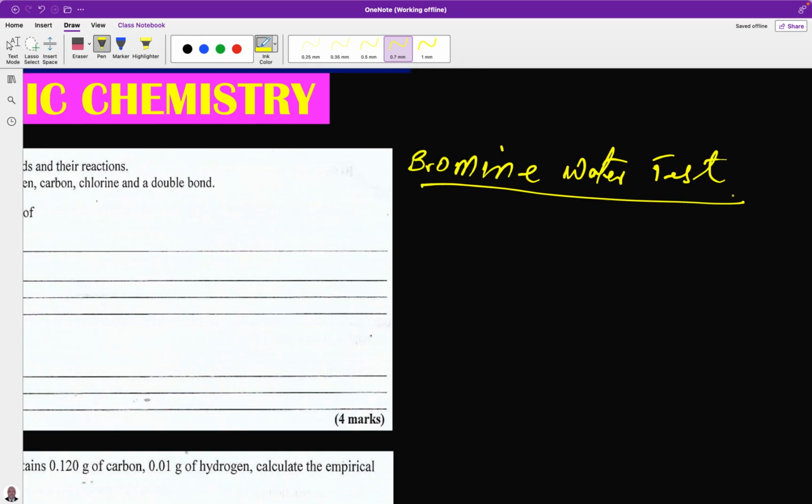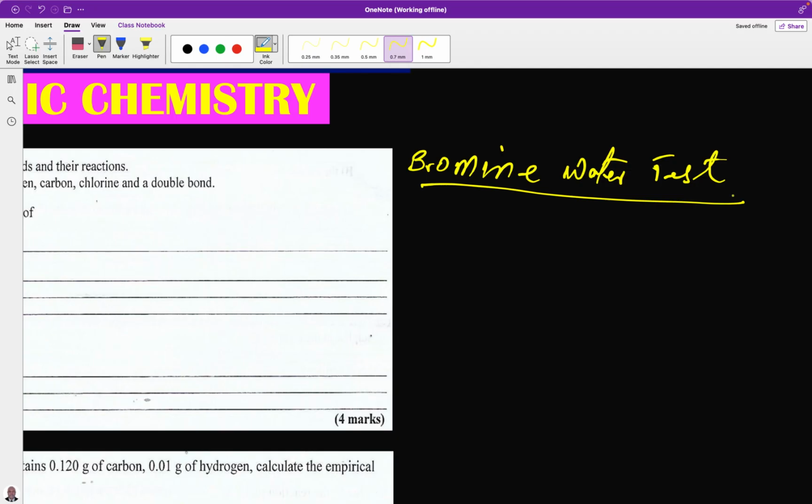Under this bromine water test, this is what you write. The first thing is bromine water test, because you state your main point before you can give the explanation, because some students are not very good in trying to describe something. So examiners are interested in the major points.